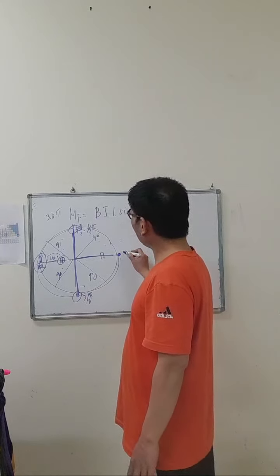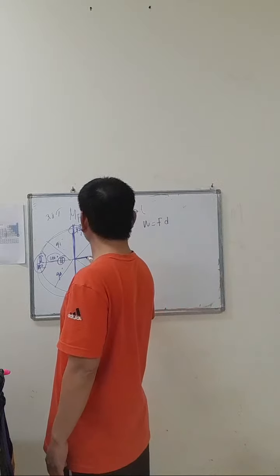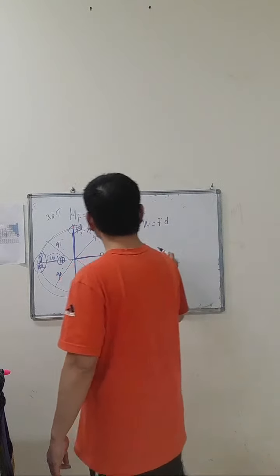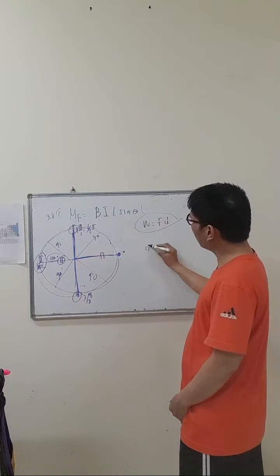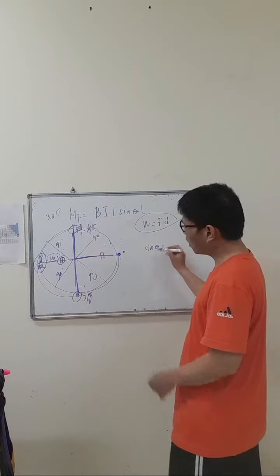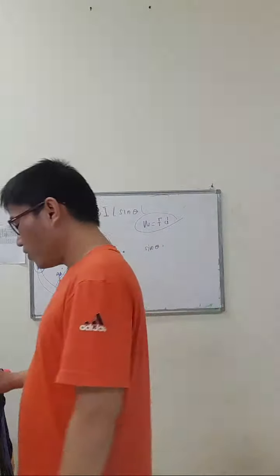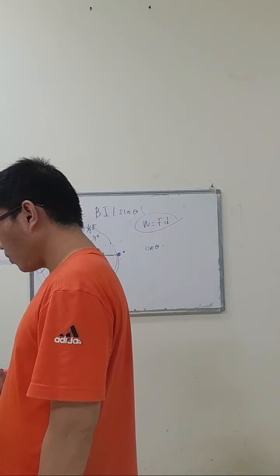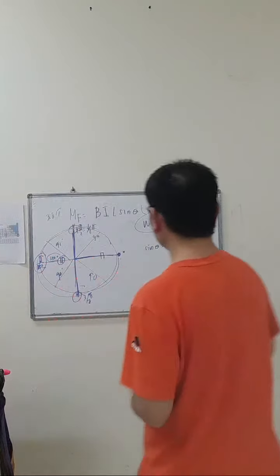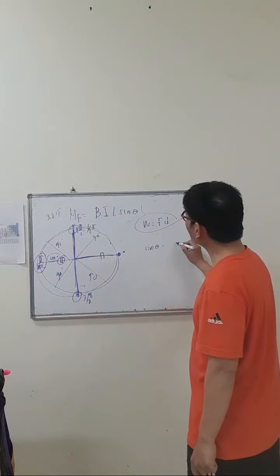If you have the 0 degree, so sine of 0 degree, sine 0, is equal to 0, right?